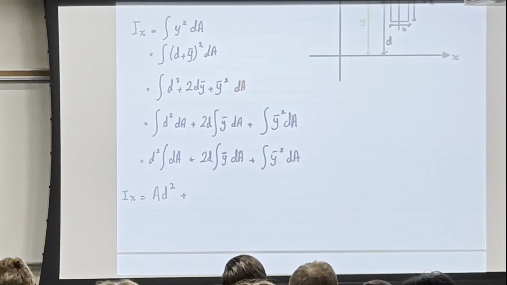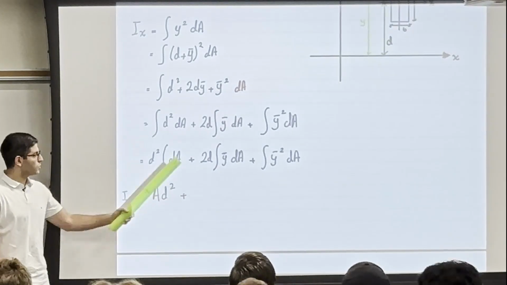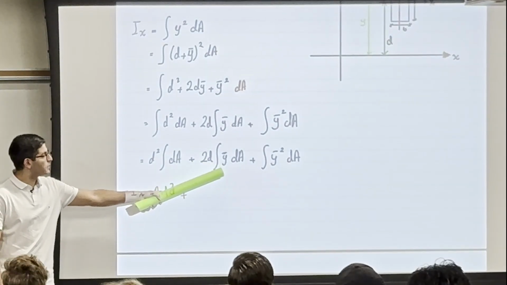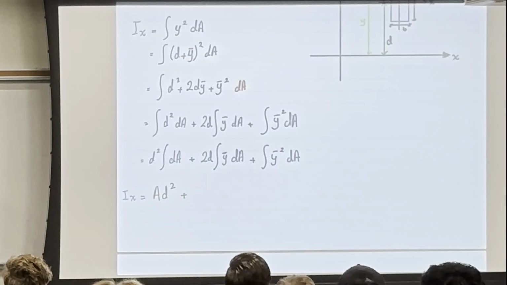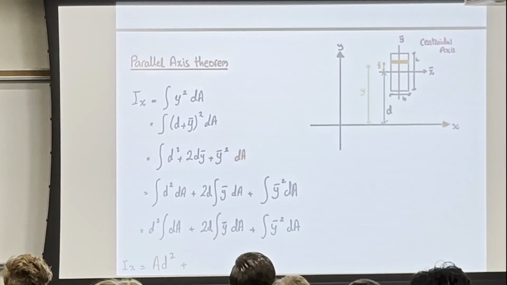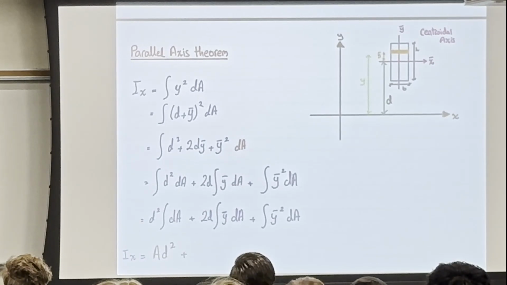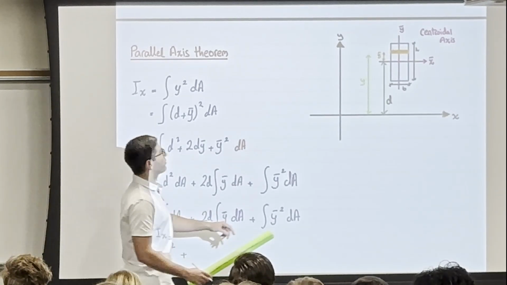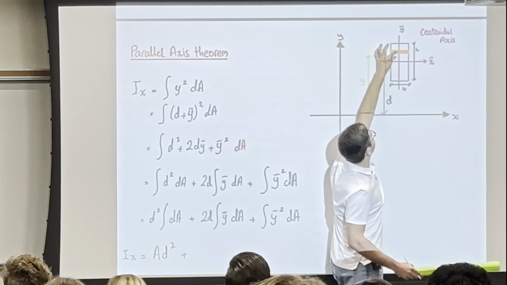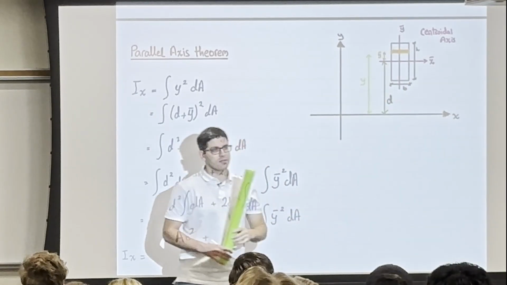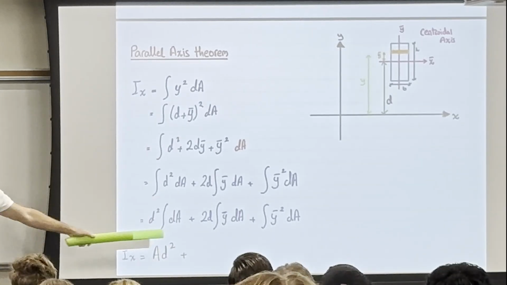Second term: 2d times what? So this is the integration of y bar, right? Is this the first or second moment of area? Integration of y bar dA is the first moment of area of this shape around its centroidal axis. What is that equal to?